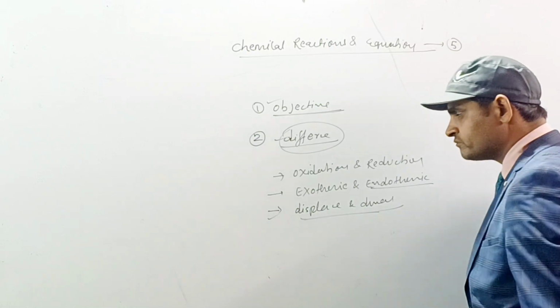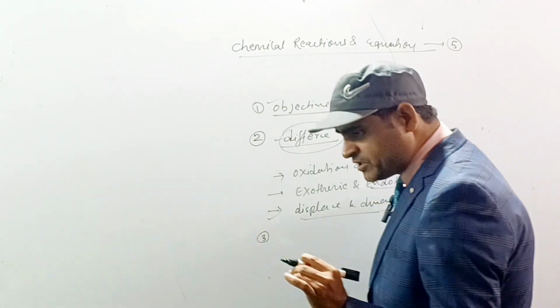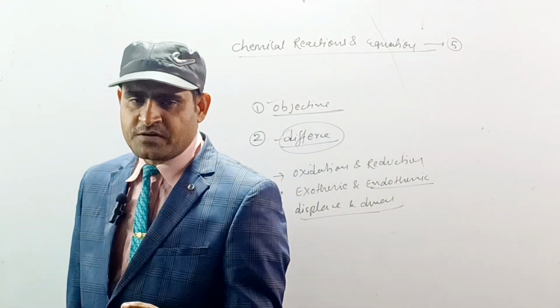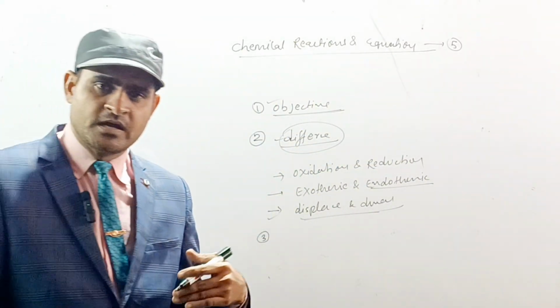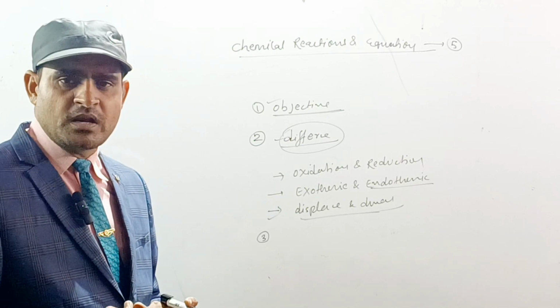The third type is a very simple question, such as what is rancidity and corrosion, with a suitable example.